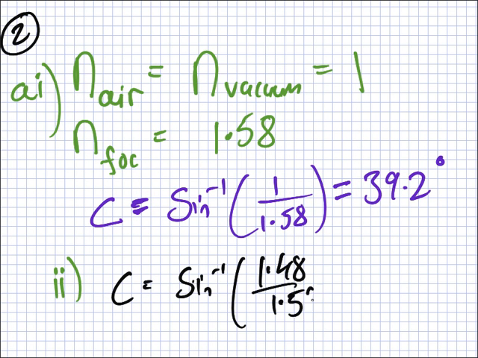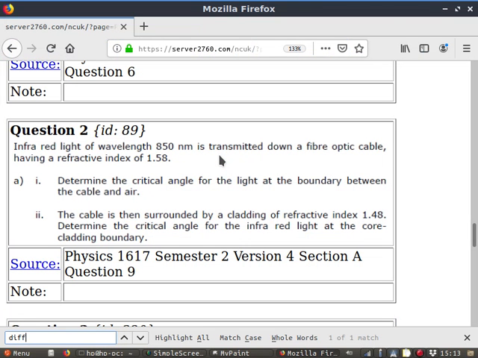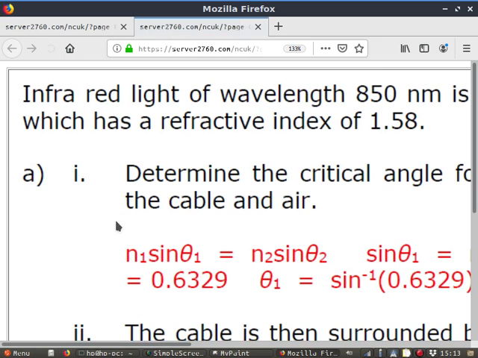Such a waste of life. 69.5. Nice. That's a nice angle. Okay, Zach, calm yourself down now there. All right. Easy peasy. I had the answer uploaded for this already.